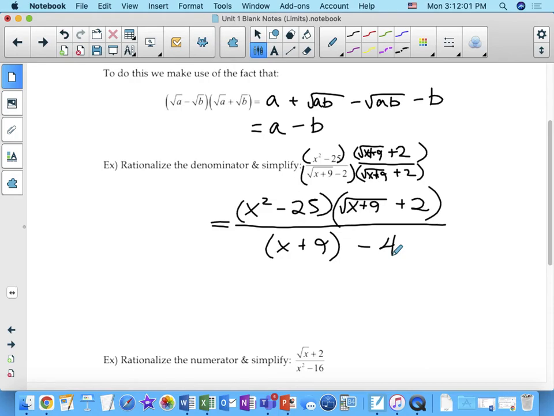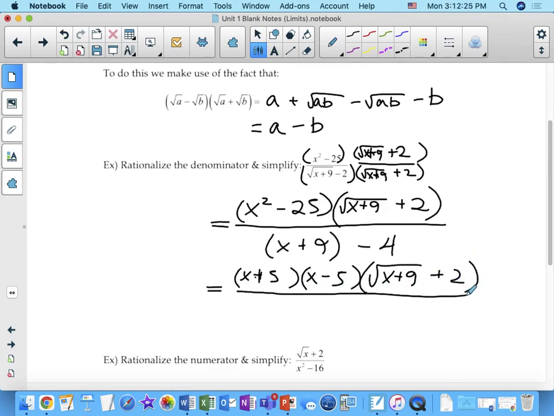Yes? Now, I can see here this is an x squared minus 25. If I factor that, there's going to be a common factor there, so I'm going to take care of that as well. This is a difference of squares, so this is x plus 5 times x minus 5. This stays as is, square root of x plus 9 plus 2, over x plus 5. And then these cancel.